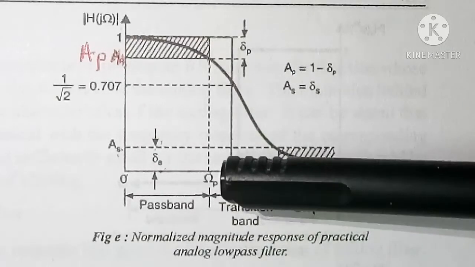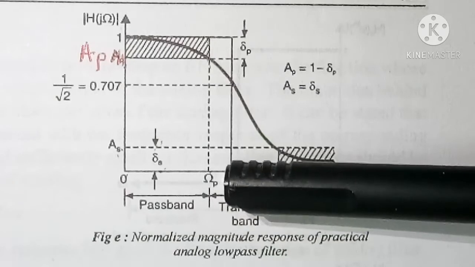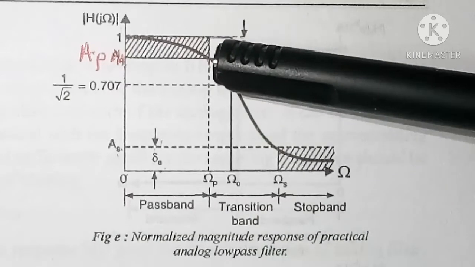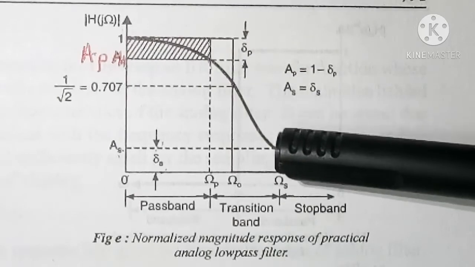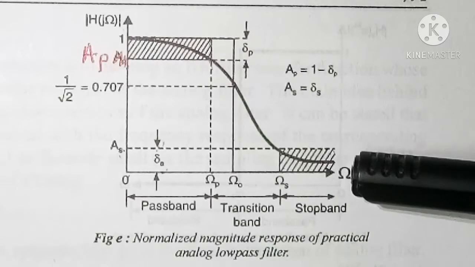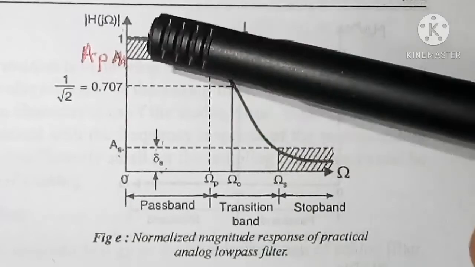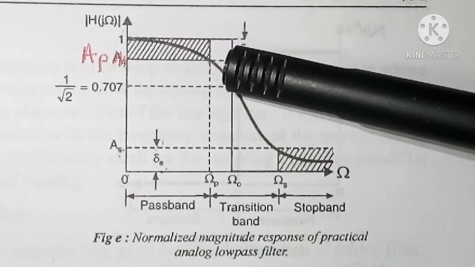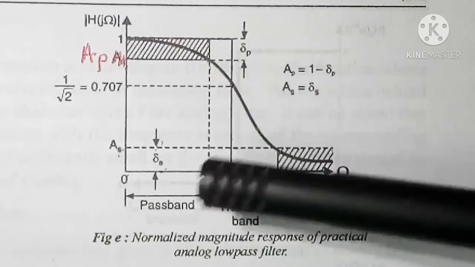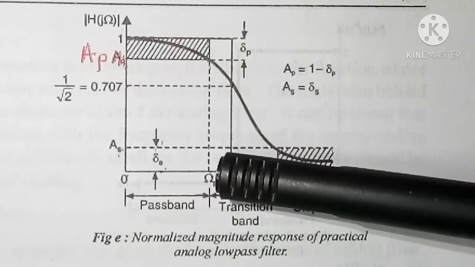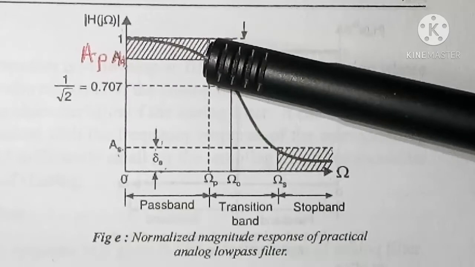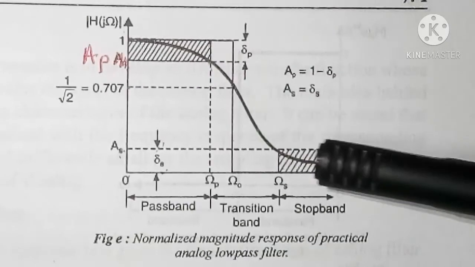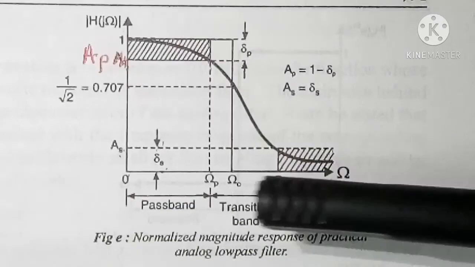After omega p, you can see that the magnitude decreases at a higher rate compared to the rate of decrease of magnitude in the frequency range of 0 to omega p. Here the magnitude is decreasing slowly, whereas after omega p the magnitude is decreasing fast.